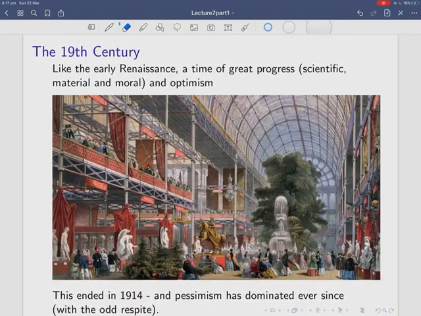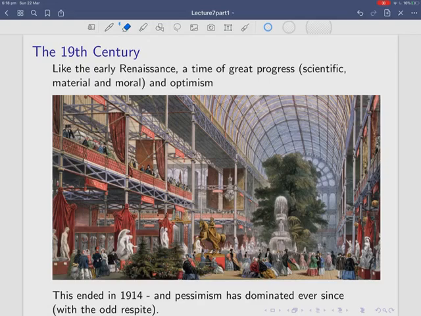So the subject of thermodynamics and statistical mechanics developed in the 19th century, which was one of the great areas or times of human progress, particularly in science, but also in moral issues, the abolition of slavery and things like that. And it's a very, very optimistic time. Lots of progress made around the world. And if you look at the history of physics, for instance, there's enormous amounts of progress made in the 19th century.